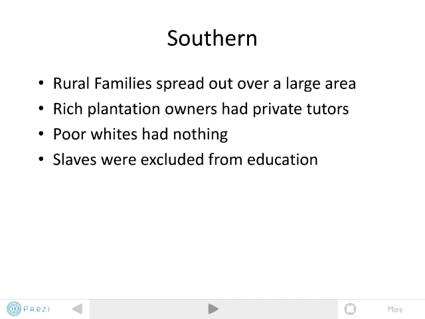All right. Of course, there was a large number of extremely poor white people. There was a large number of slaves as well, but there was also a large number of poor white people. African Americans, particularly the slaves, were completely excluded from education. Now, many people ask why, and you always think the same thing. It's so they would not rebel.